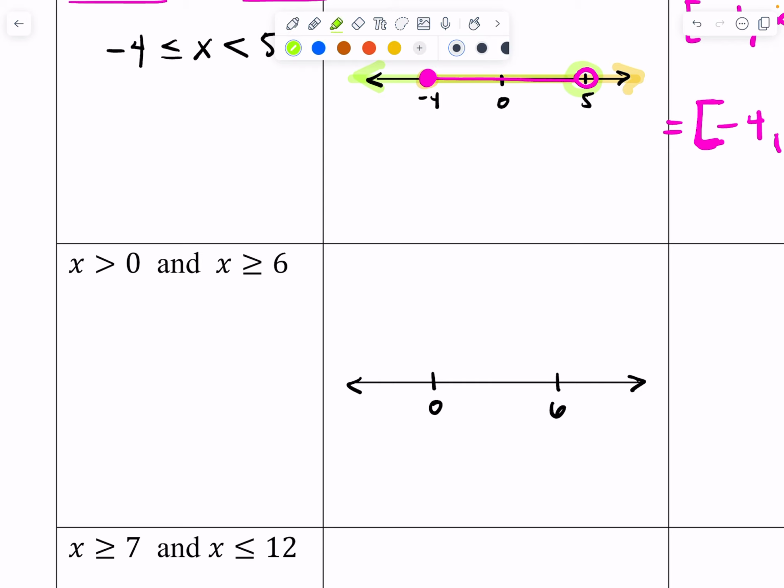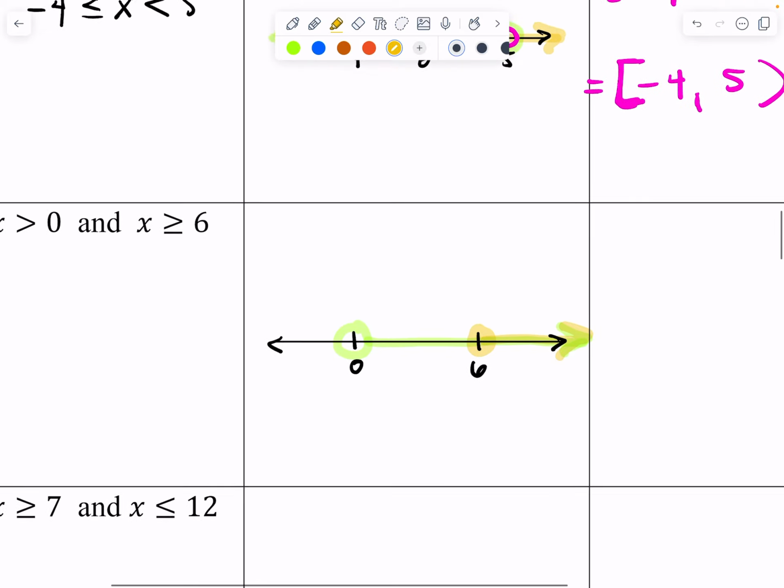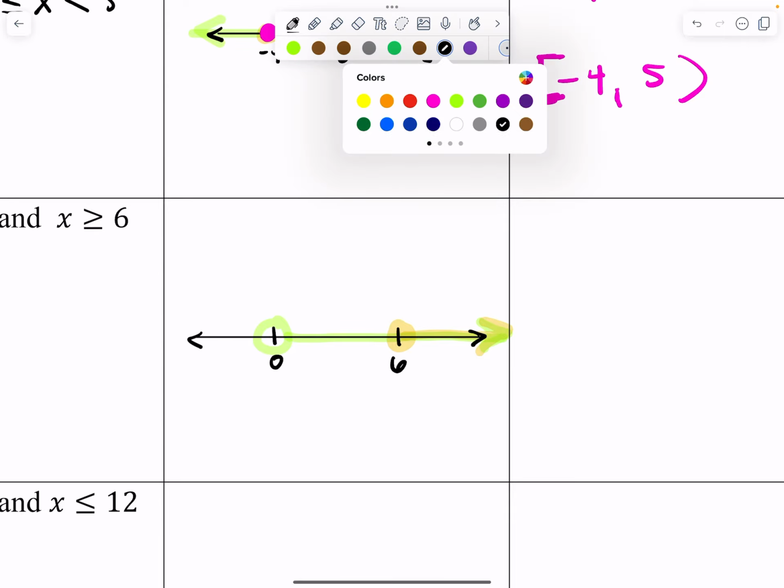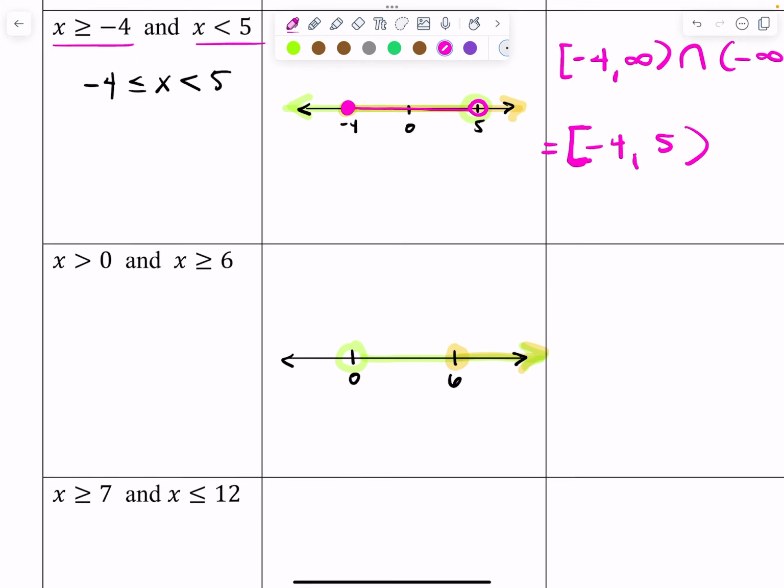Well, x greater than 0 would be that interval, and x greater than or equal to 6 would be that interval. So looking at the intersection, because remember, and is an intersection of the intervals, I'll use a bright color here again.